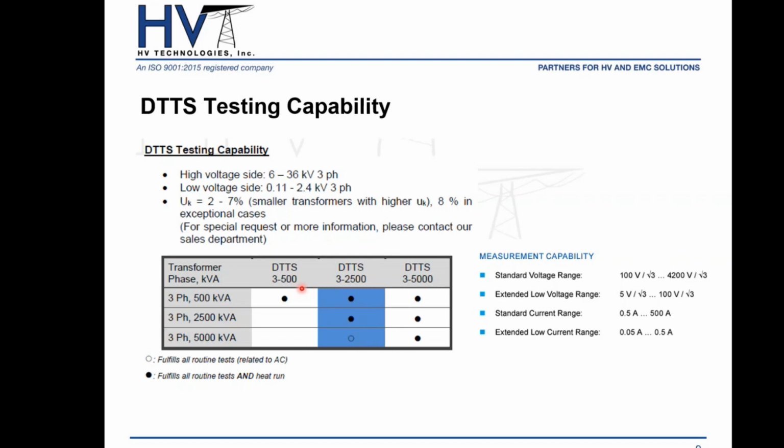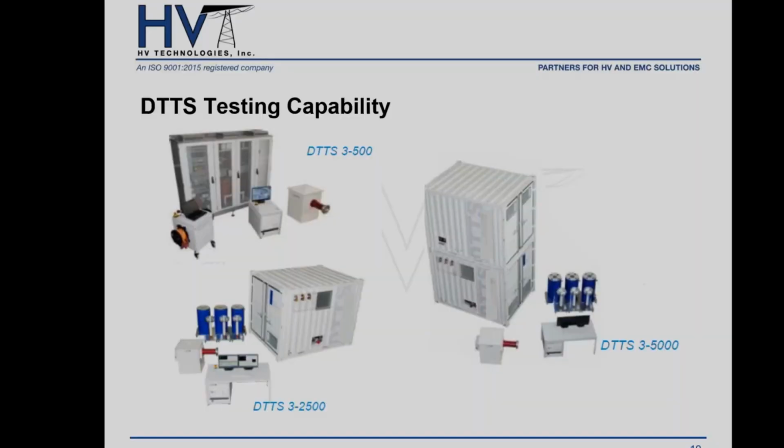So basically, the DTTS is divided into three main models. We'll have the DTTS 3-500, up to 500 kVA. Then we have the DTTS 3-2500, which is 2500 kVA, and your DTTS 3-5000, which is the 5000 kVA unit.